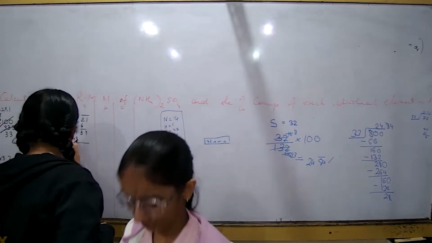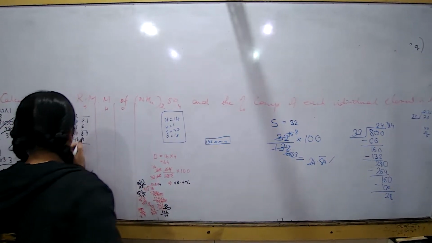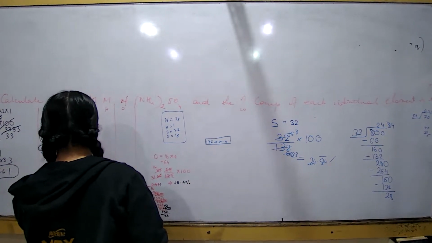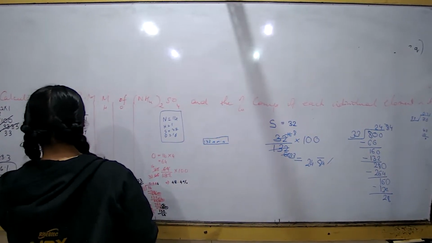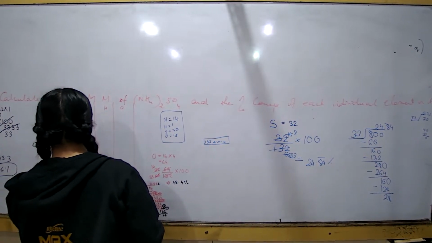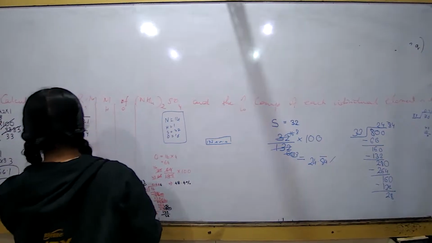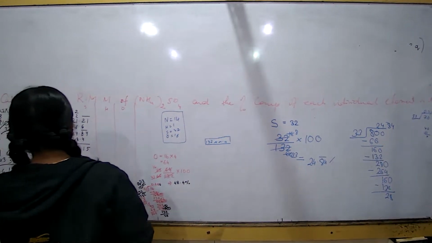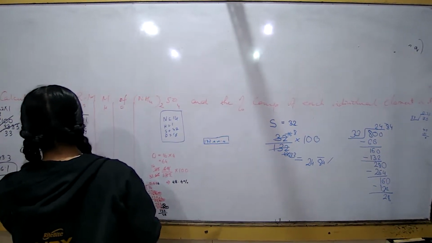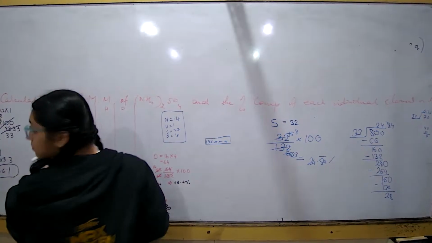Aluminium is 27. What about your phosphorus? Phosphorus is a bigger number.